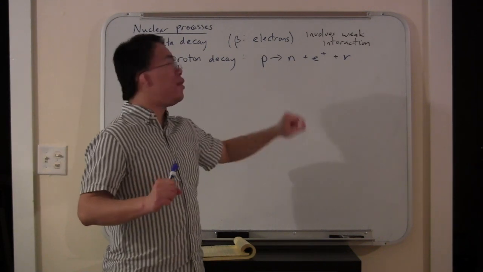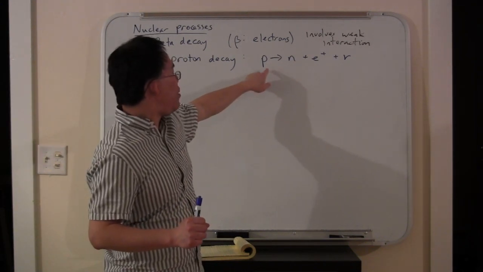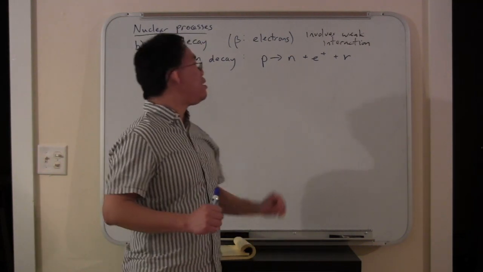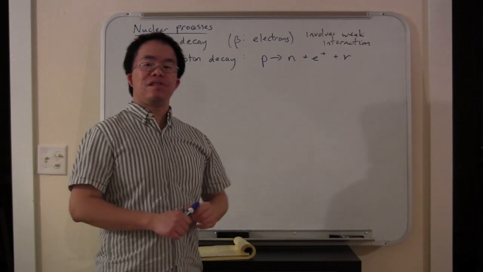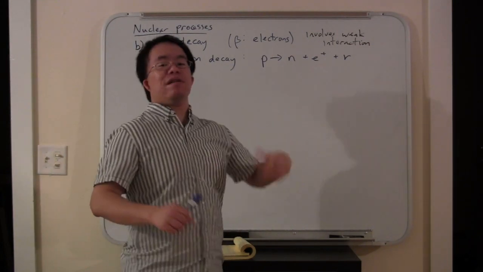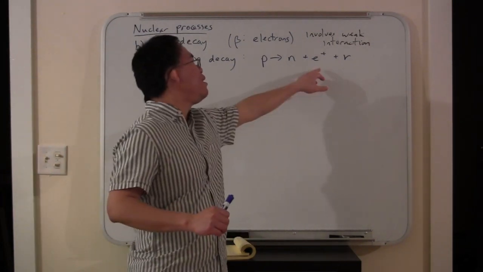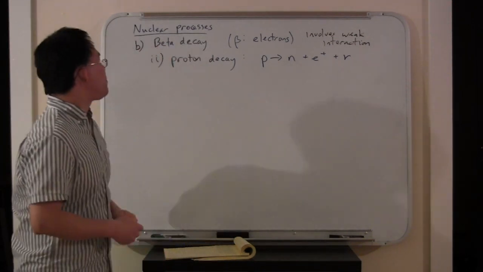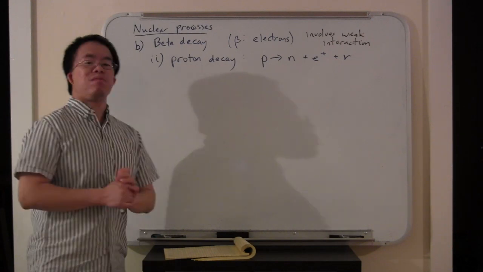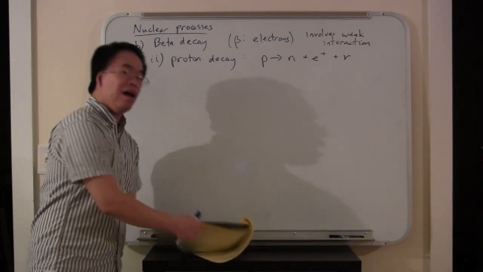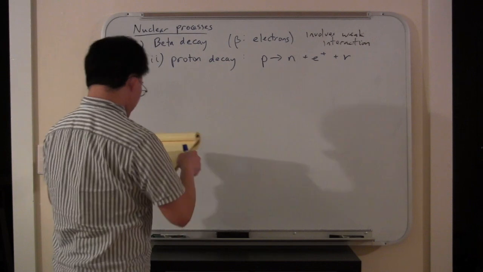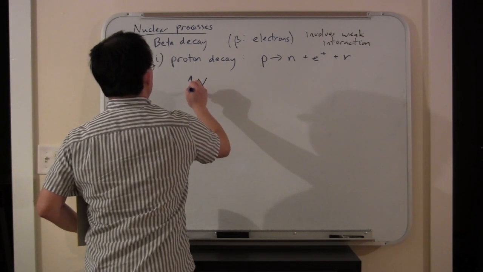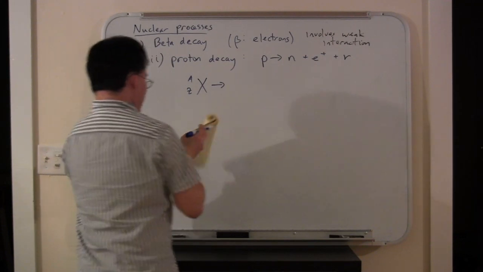Again, notice that charge is conserved, so we have a plus charge here and a +1 charge on the right side. Also, lepton number is conserved since the positron counts as an antiparticle, -1, and then the neutrino counts as +1. And so, writing out this reaction in full, we get something like parent going to daughter.